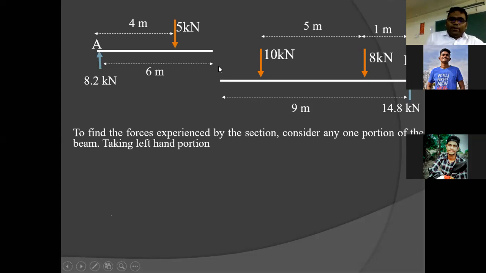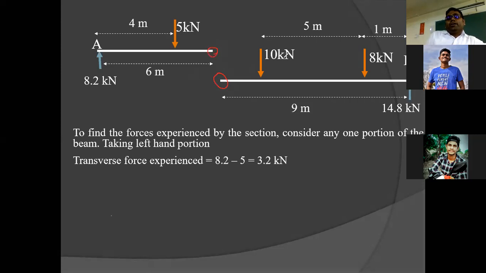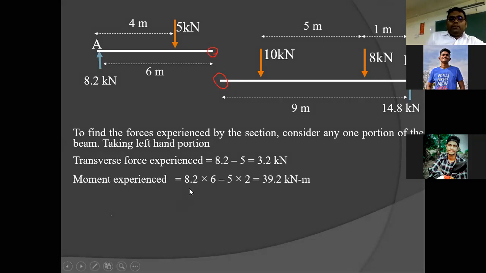So first we look at the left portion, then we calculate the amount of shear force and bending moment at this section x which we have taken, at this position here. Okay, great. So let's do that. What is the transverse force experienced by the beam at this section? How much force is it experiencing?